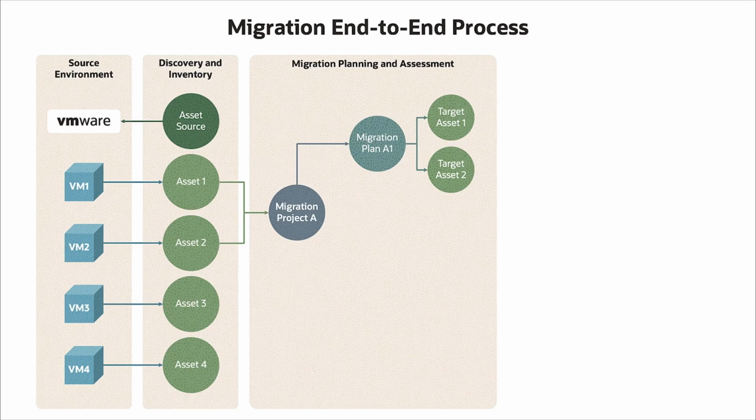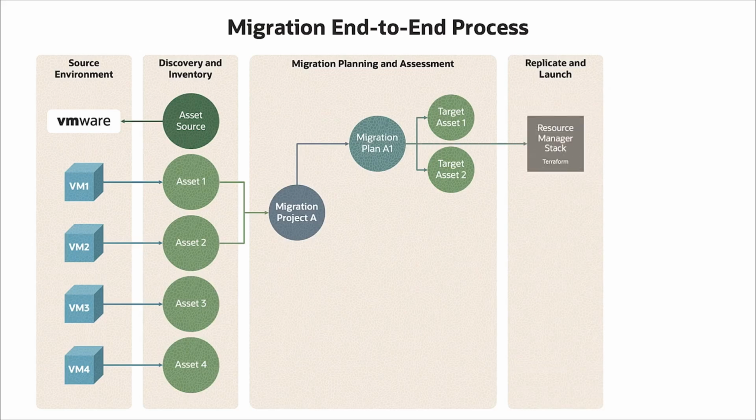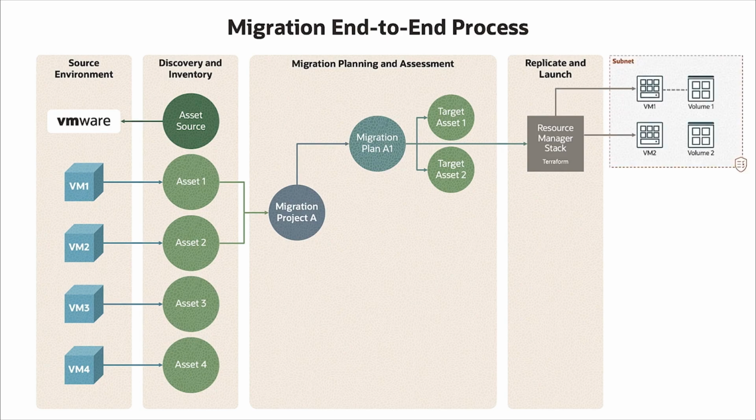So asset 1 is mapped to target asset 1 and asset 2 is mapped to target asset 2. Once the target assets are reviewed, the replication process is initiated at this stage. Followed by replication, a resource manager stack could be generated from the migration plan. In the last step, the resource manager stack is applied, and that will launch them as compute instances.